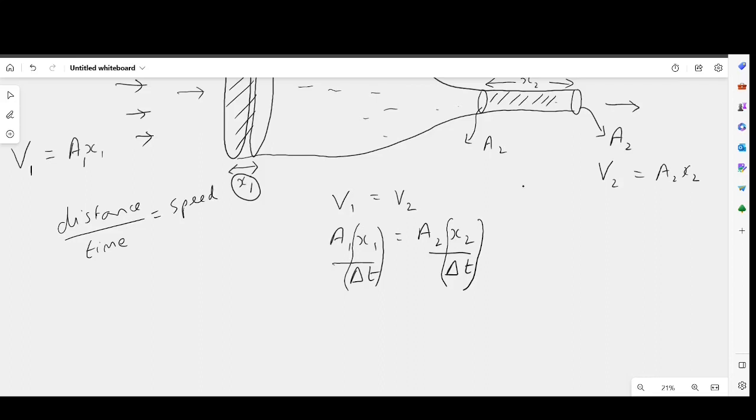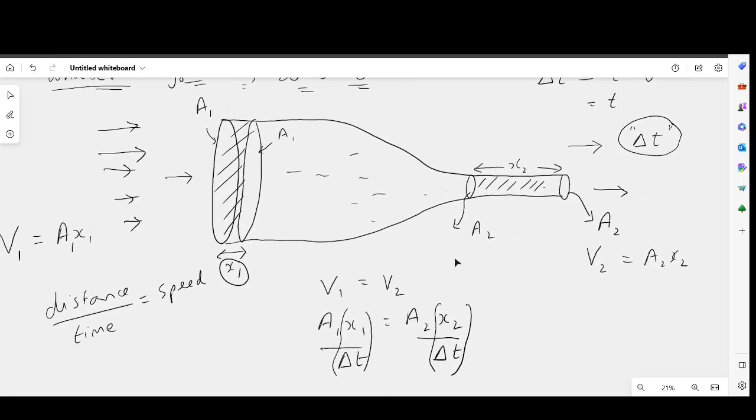Distance upon time, as one can recall, is nothing but speed. So if I say x1 by delta t, what do I mean here in this picture? I mean this distance, which is x1, divided by the amount of time it took to travel x1, is nothing but the speed of water in this area. So the speed of water in this area, if we call it v1, where v stands for velocity, is this.